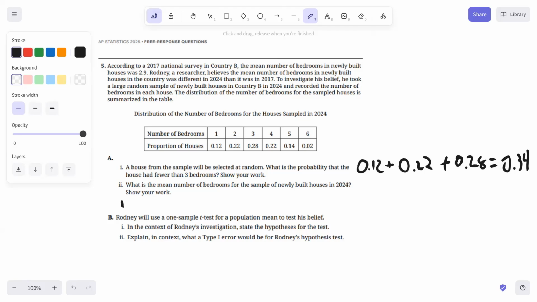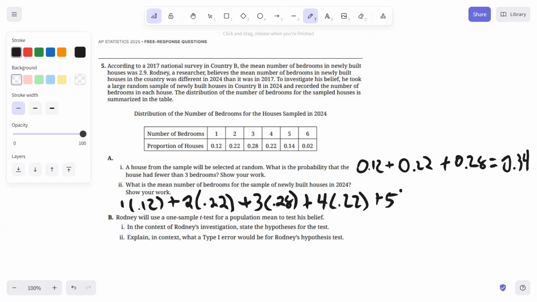So to show your work, you would do 1 times 0.12 plus 2 times 0.22 plus 3 times 0.28 plus 4 times 0.22 plus 5 times 0.14 plus 6 times 0.02. You multiply and add all of that up, and you would get a mean of 3.1 bedrooms.